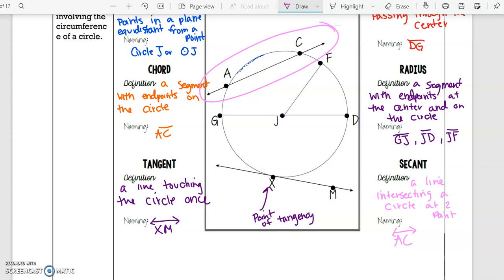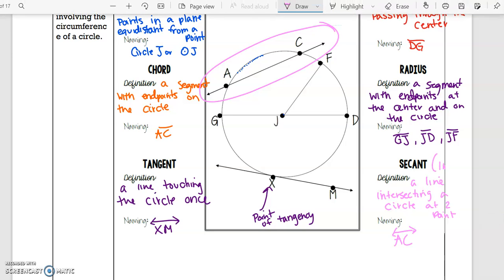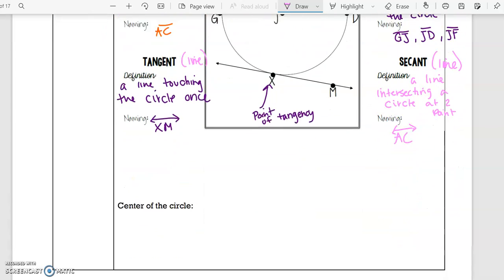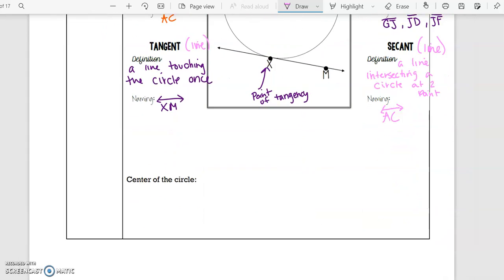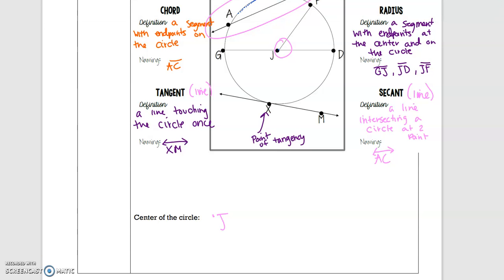Without the arrows, just the segment itself is a chord. So secant is a line, and a tangent is a line. And all the rest of those were line segments. They stopped. The center of the circle we kind of talked about because we name it by its center point, and so point J would be the center of that circle.